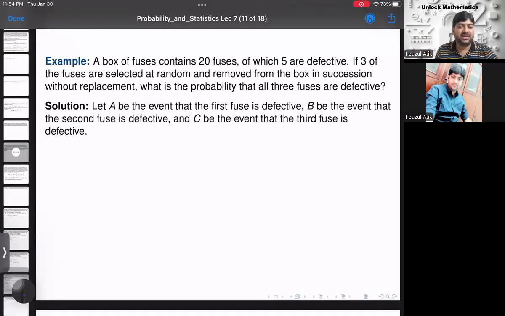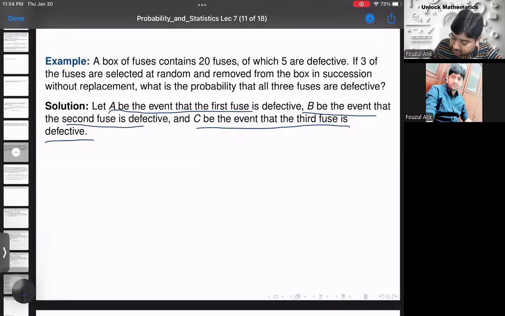Let A be the event that the first fuse is defective, let B be the event that the second fuse is again defective, and C be the event that the third fuse is defective. What you have to find is that all 3 events should happen. So basically you have to find P of A intersection B intersection C.